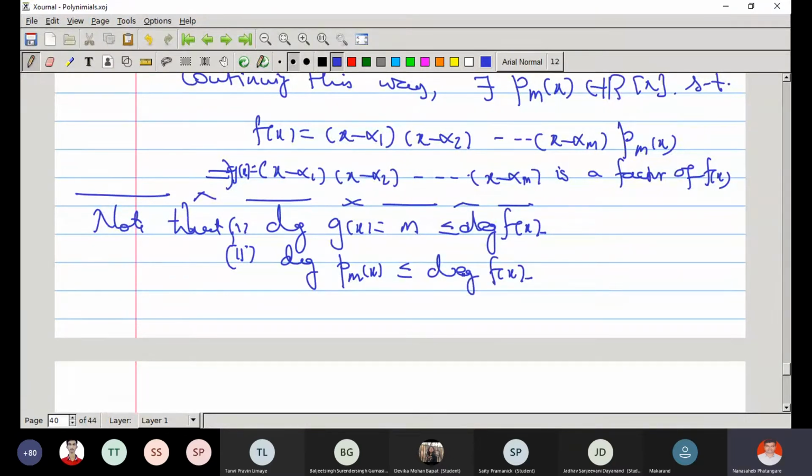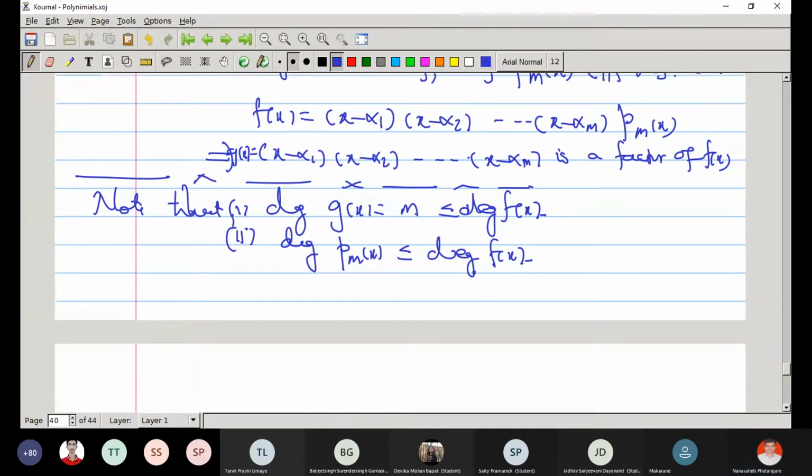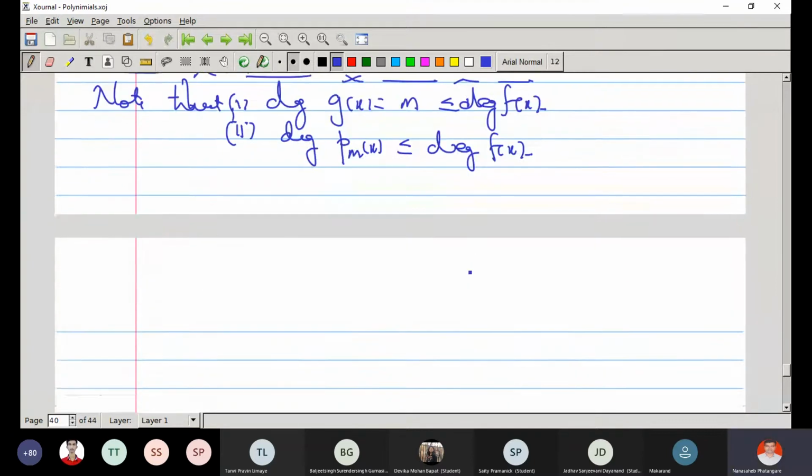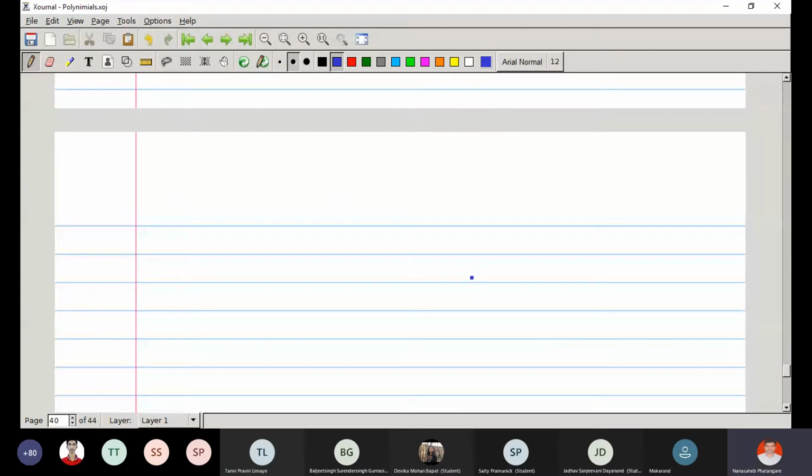Right, so using this, let f(x) be a polynomial in R[x].